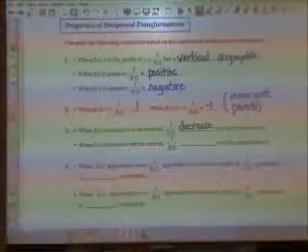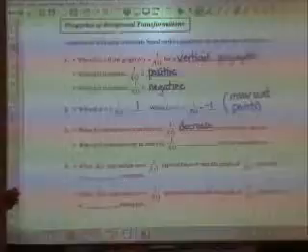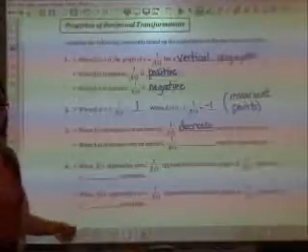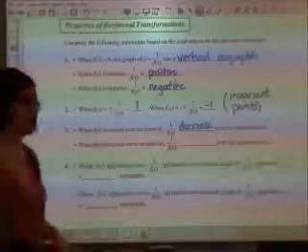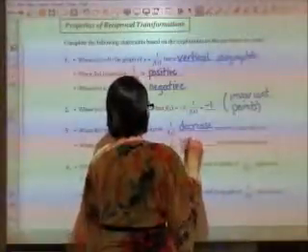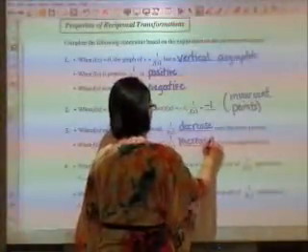When the original function decreases, so I go from 4 to 2 to 1 to 1/2 to 1/3, the reciprocal would do what? It would increase, because that 1/2 would become 2, 1/3 would become 3, 1/4 would become 4. So I would have an increase in the same interval.